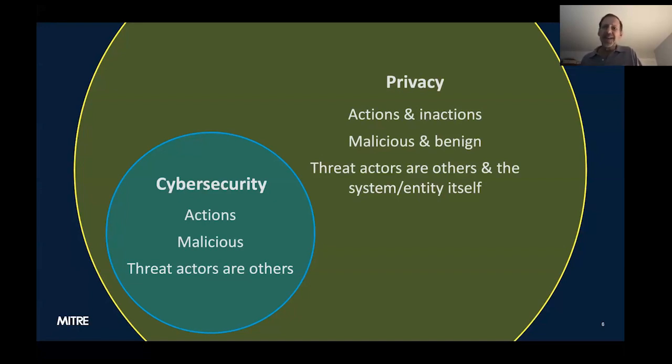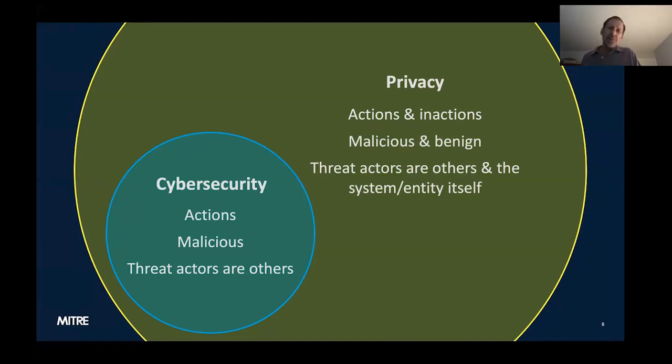And then finally, while certain threat actors can certainly be these others with respect to privacy, it's also the case that a threat actor in privacy can be the system itself, right?